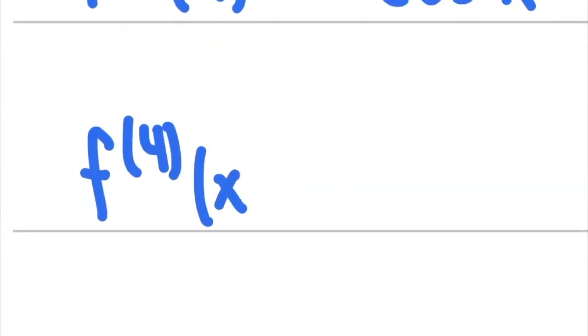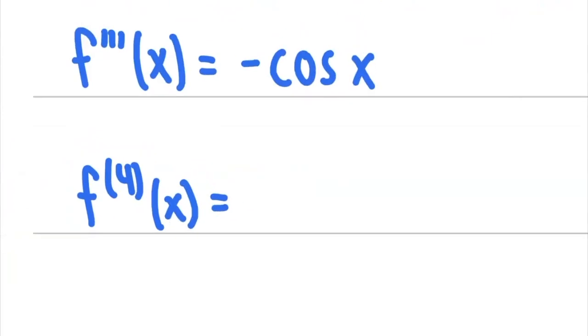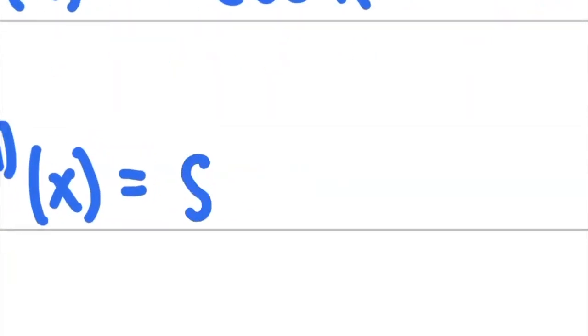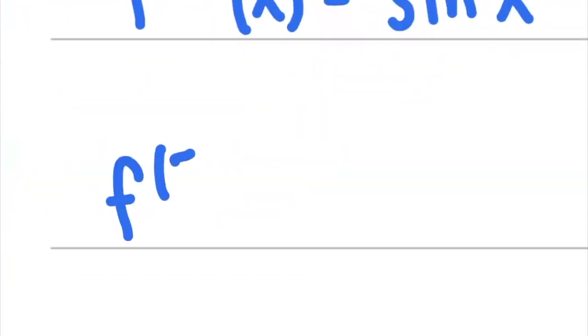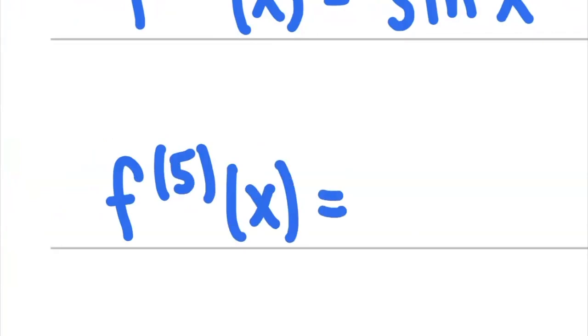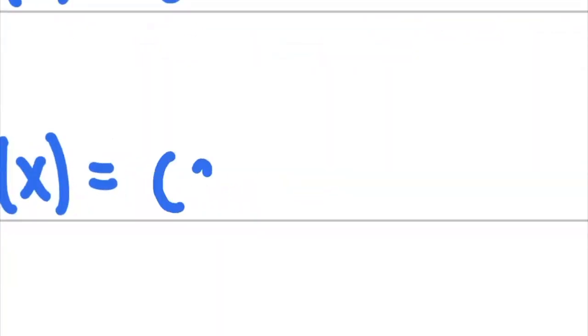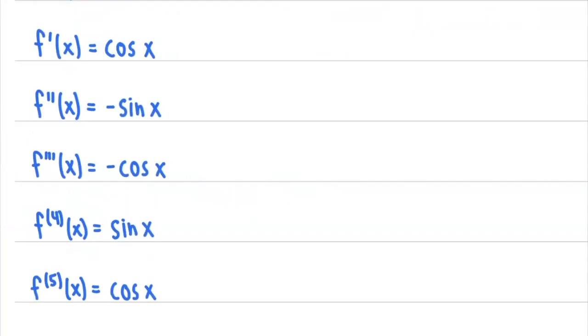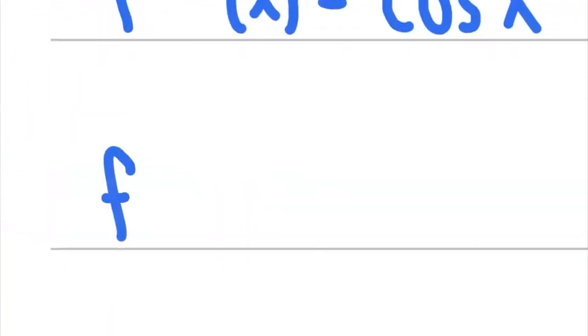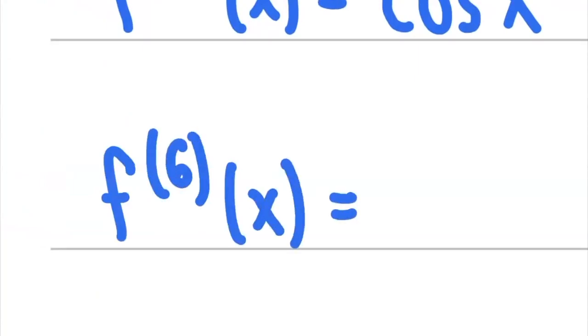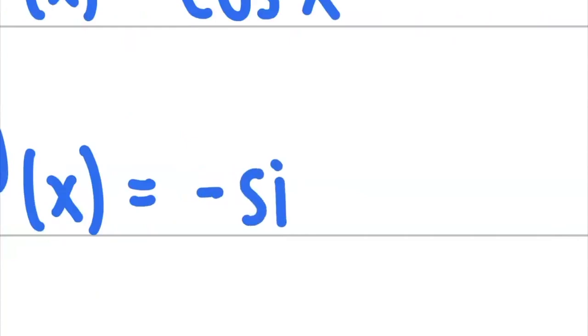So the fourth derivative, I'm going to stop using primes now, is the derivative of negative cosine, which is positive sine. And the fifth derivative, now you can see we're back to the first derivative. It's cosine x. And then one more, the sixth derivative is negative sine of x.